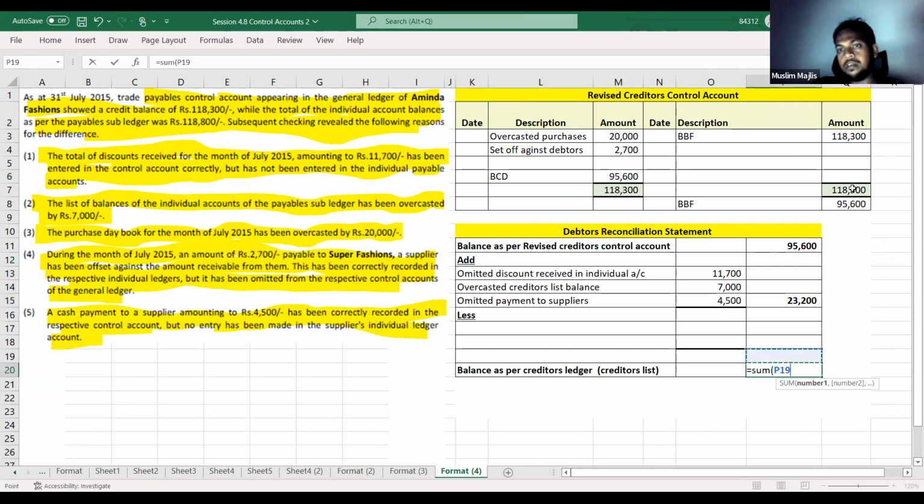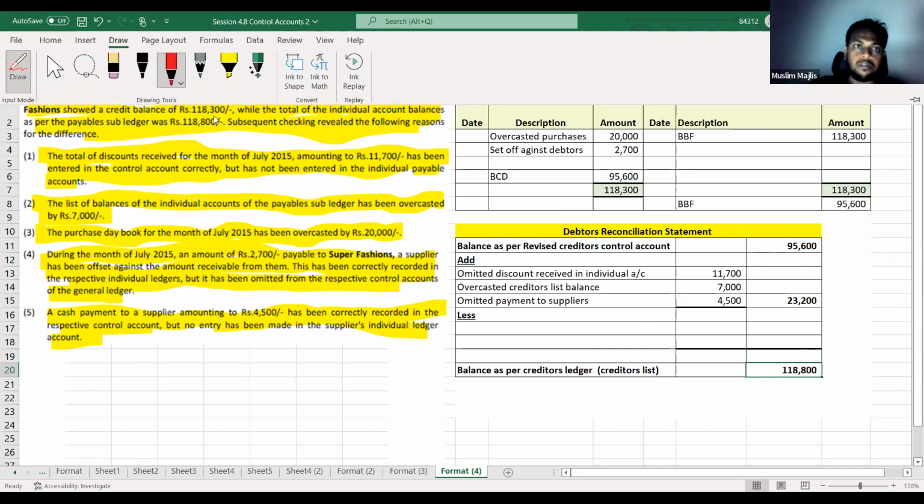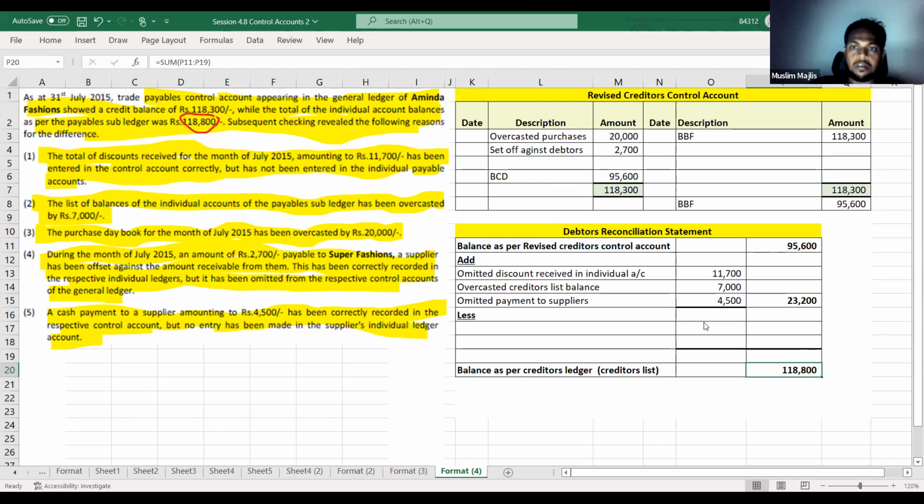Answer 118,800. Is it clear? Did you all understand now?